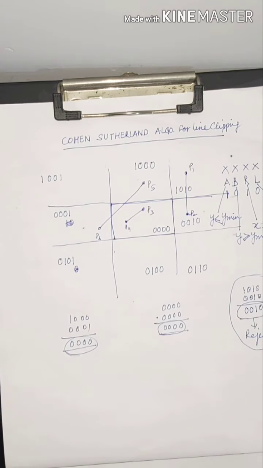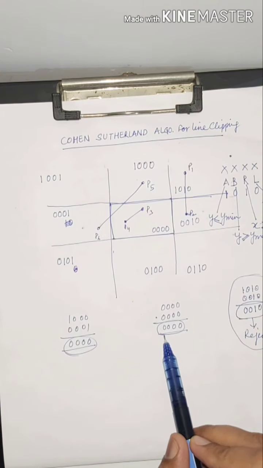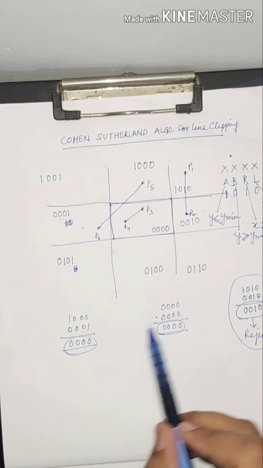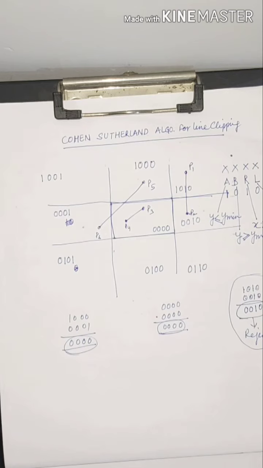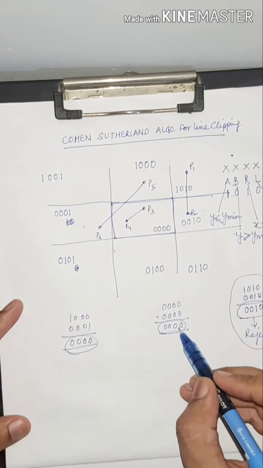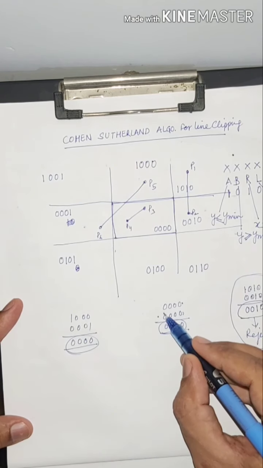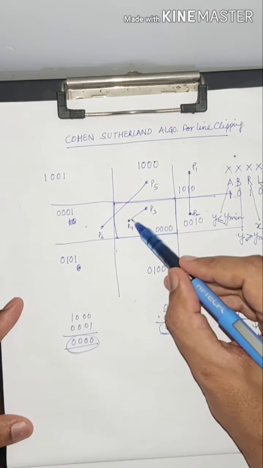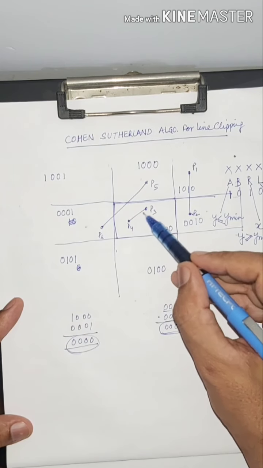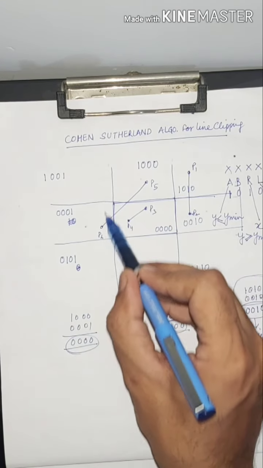No calculations for clipping are required. In such cases, you just reject such lines. In case the bitwise ANDing of both the extreme points is 0, that means you have to do some calculations. Here also, in the first category, if the region code of both the points is all zeros, this directly means that both the points are lying inside the window and the line is completely inside the clipping window.